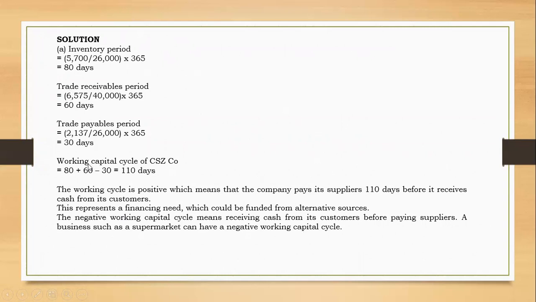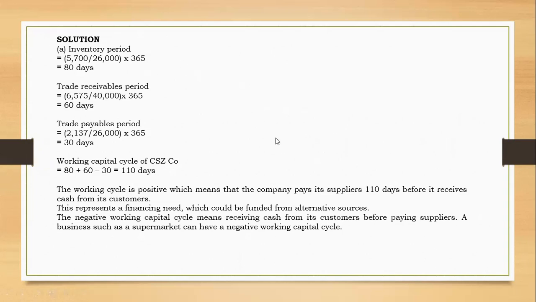So the left side here reduces, right? But also in the supermarket, they do not manufacture. So this inventory period will be solely on the finished goods. So it will be reduced much more, right? But trade payables, they can buy goods from suppliers on credit. So it could very well come to the point that this working capital cycle is negative.